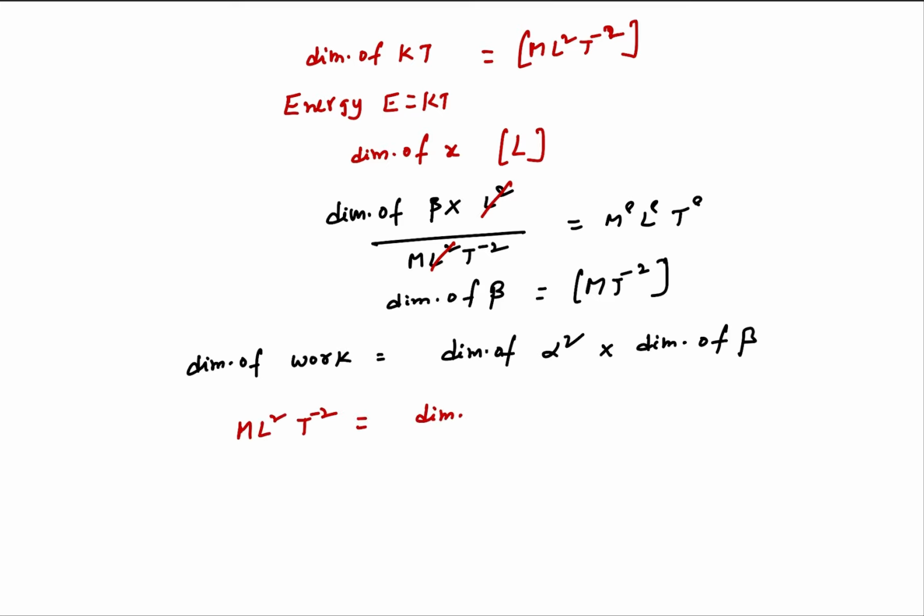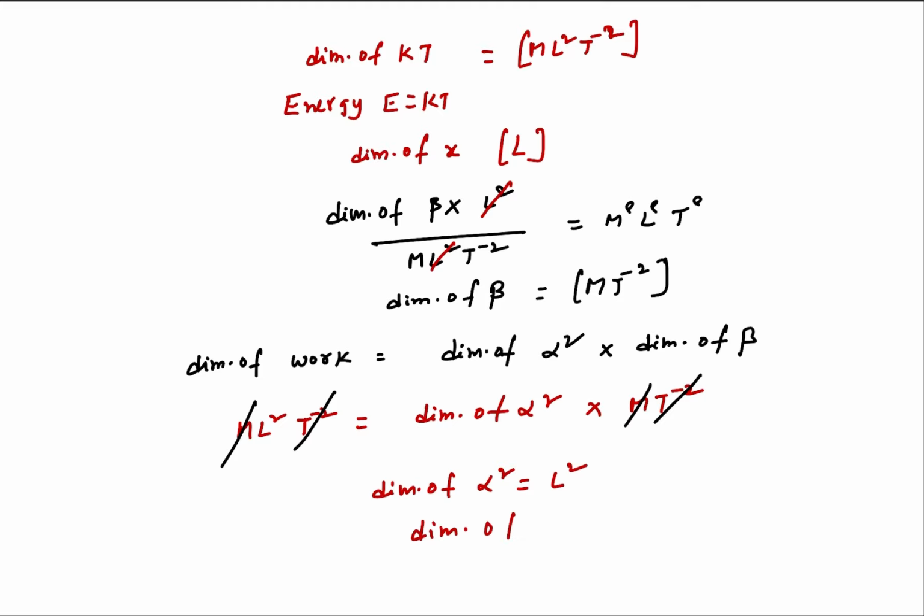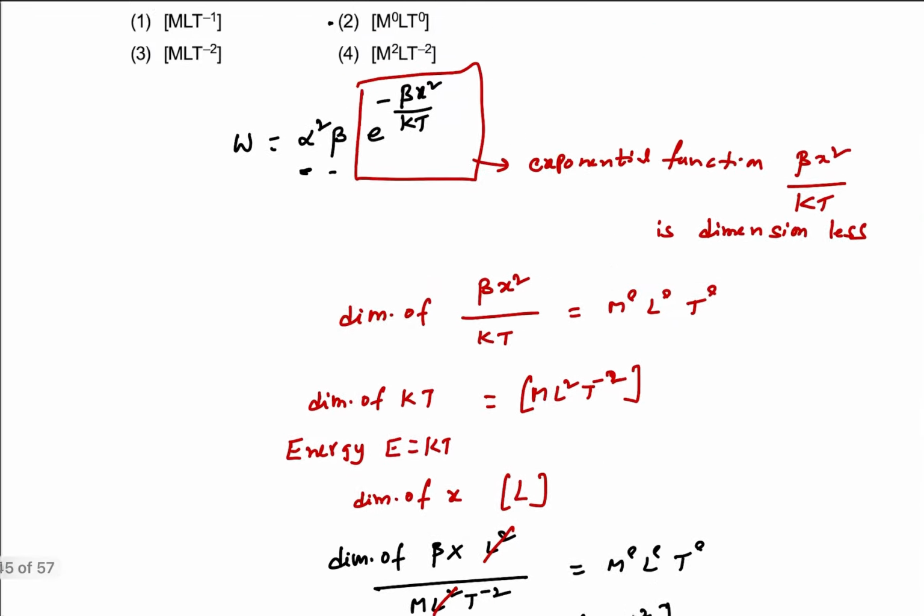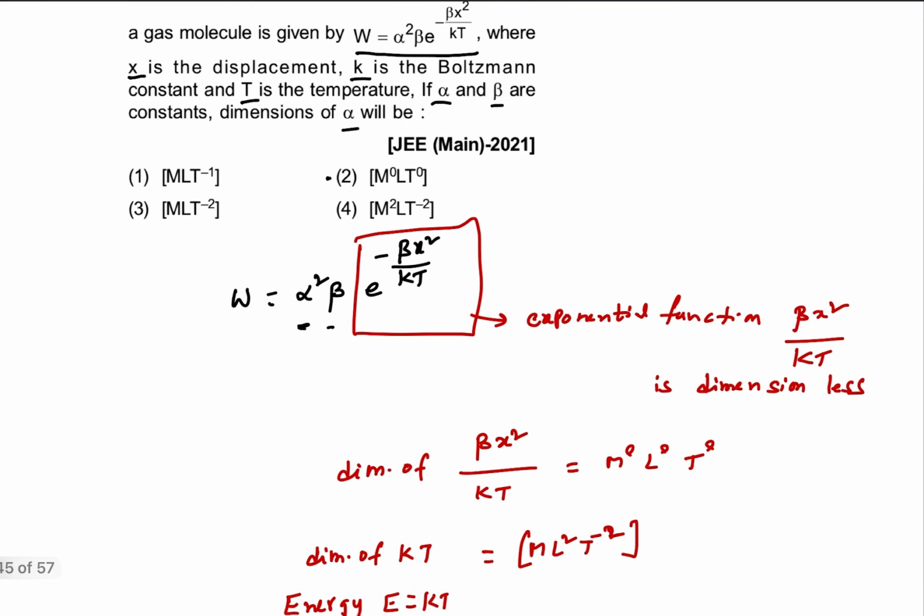The dimension of work is M L square T power minus 2, and the dimension of beta is M T power minus 2. We can see M and M get cancelled, T power minus 2 and T power minus 2 get cancelled. You can write the dimension of alpha square is equal to L square, so the dimension of alpha is equal to L.